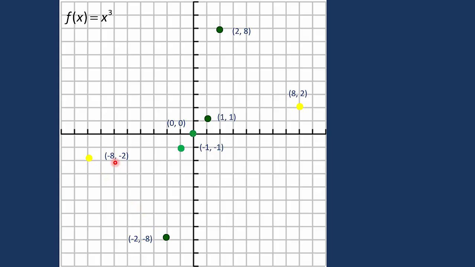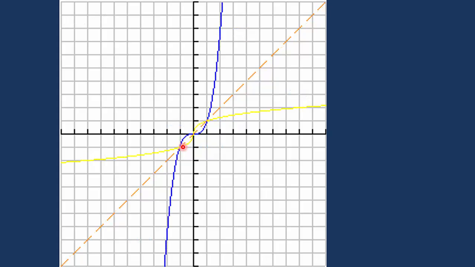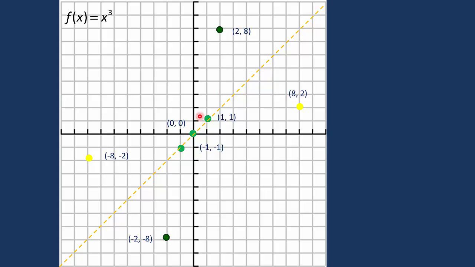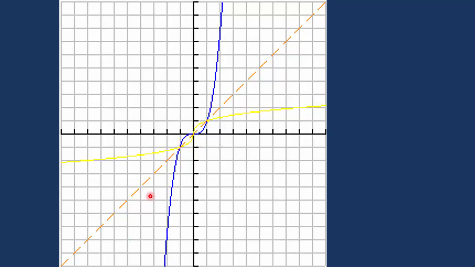And now if we sketch these, or actually interchanging the x's and y's here makes no difference, but let's just do a quick sketch of the two graphs. Notice here's what they look like. Now this right here is the line y equals x. And notice that when we graph these two functions, we've got x cubed and we've got its inverse here in yellow.